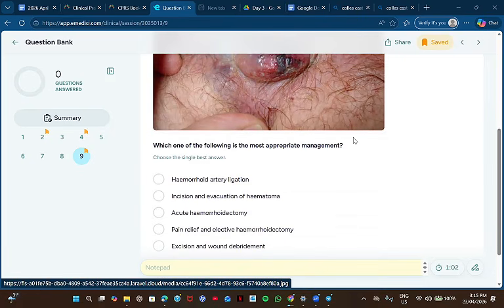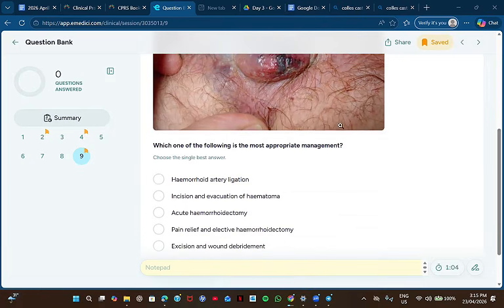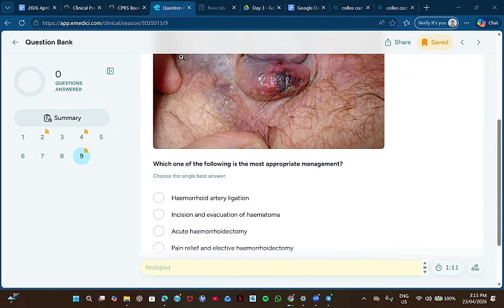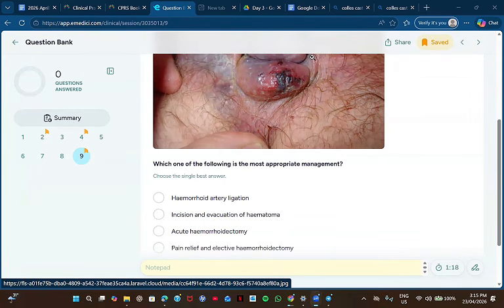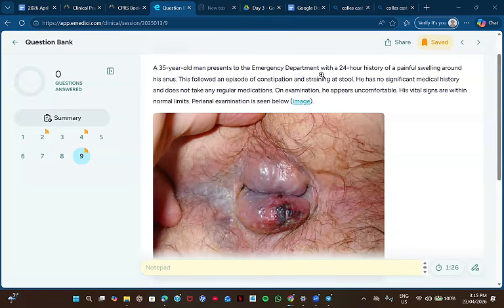What do you think? Tell me, doctors, what we should do. Okay, first of all, tell me what type of hemorrhoid is this? You remember the question, right?